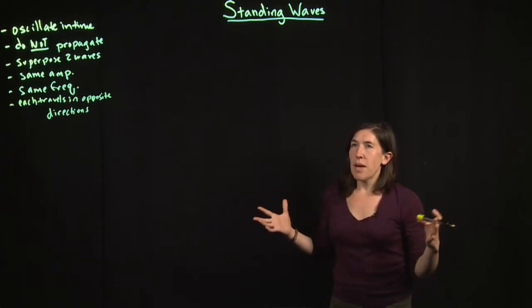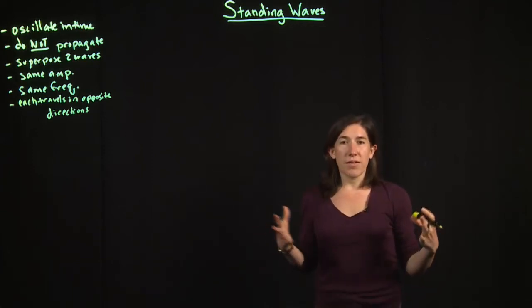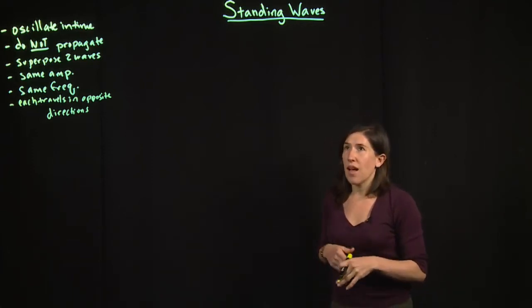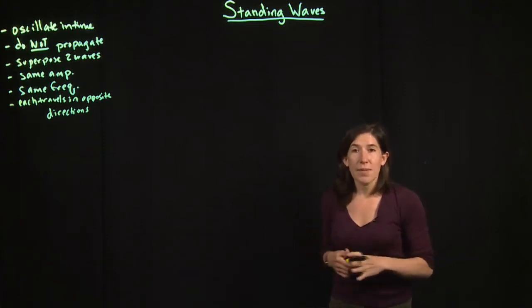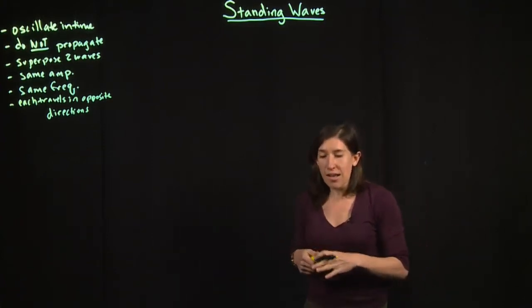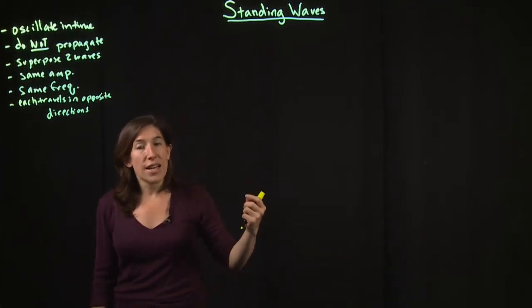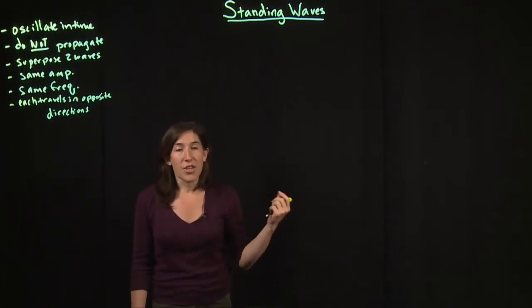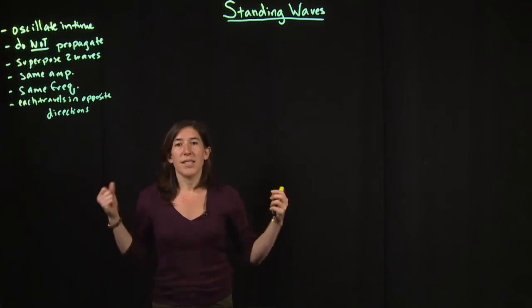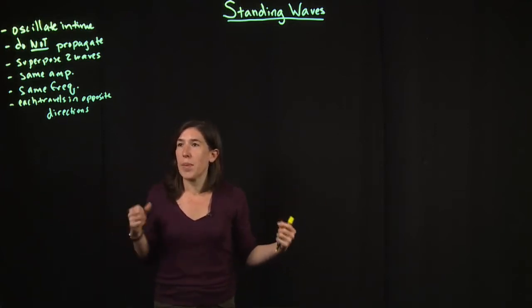As I briefly mentioned, you could imagine all sorts of different types of standing waves propagating in different types of media. But the two that we'll focus on today are creating standing waves on a string and creating standing sound waves in a pipe.